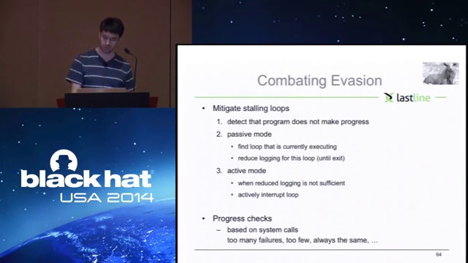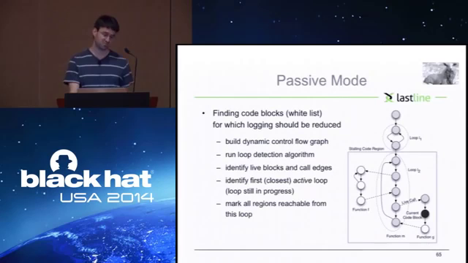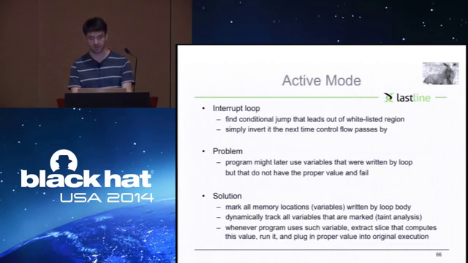Okay, so this is just sort of high level. Given that I'm sort of short on time, I'll have to let you read the white paper or the presentation, but there are basically a couple of things you can do to find the code blocks for which you should reduce logging, as well as how to actually interrupt the loops once you find them, and reducing the logging is not sufficient.